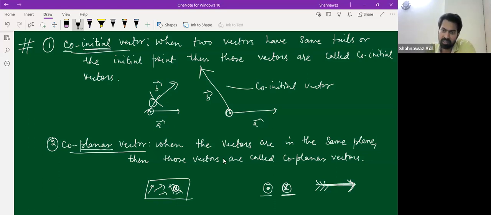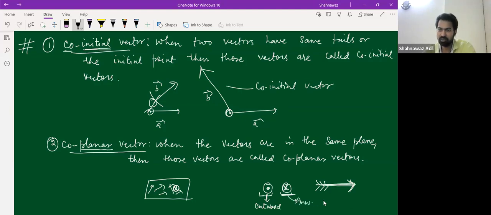What kind of figure will you see? The first one, right? Absolutely right. So this is outward, and this is inward.